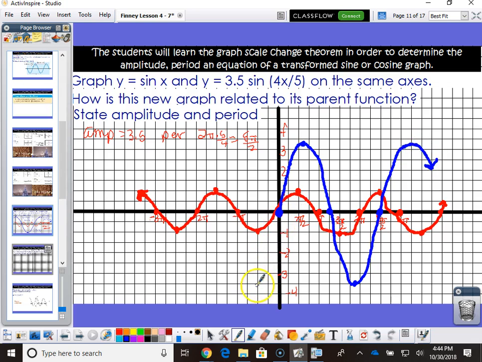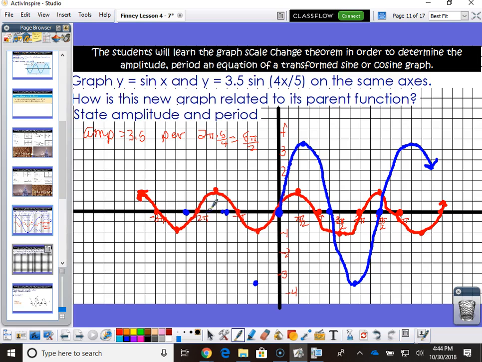So we know we're going to be down at negative 3.5. We know at 5 pi over 4, we're going to be at 0 again. We know halfway between, we're going to be at 0 again. So that's right here, I believe.